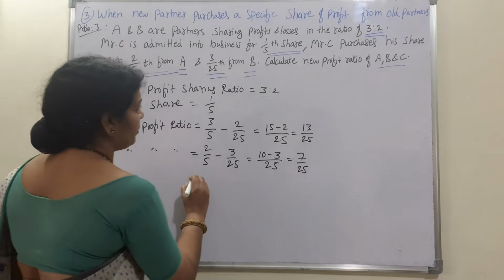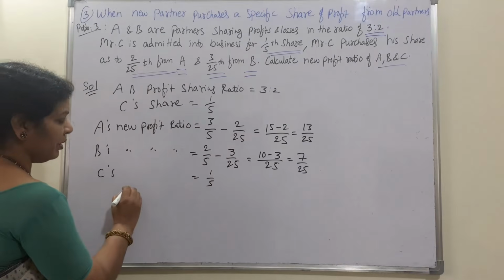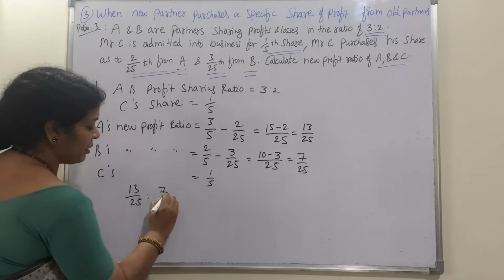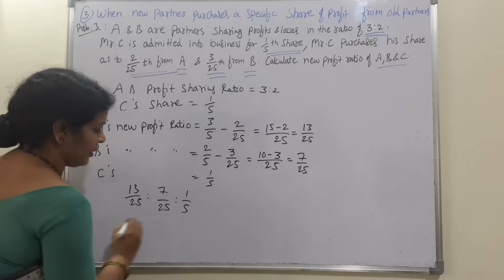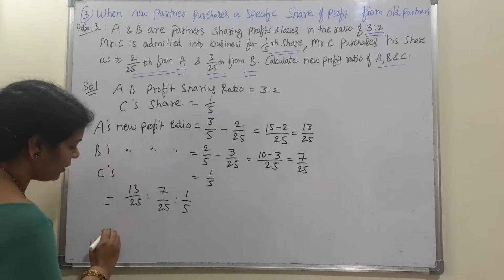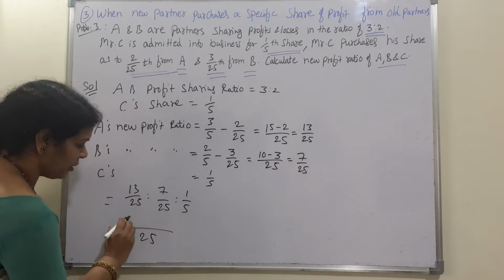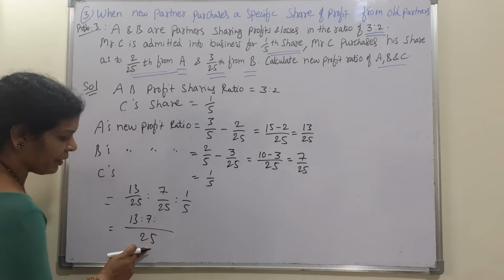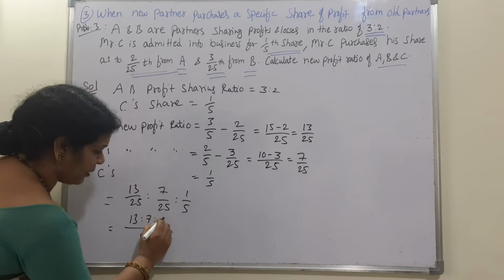So if you want to make it equal, 13/25 is to 7/25 is to 1/5. How can we take LCM? Here it is 25. 13 is to 7 is to 5 5s are 25, 5 into 1 is 5.